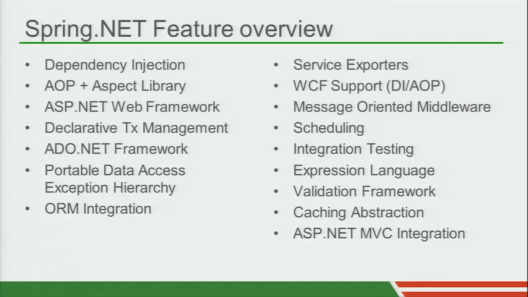We also have a portable data access exception hierarchy. Anyone who's ever written an application where maybe the application will be deployed against Oracle, maybe against DB2, maybe against PostgreSQL, knows that one of the challenges is that what comes back from those engines when they're not working right are different exceptions by vendor.